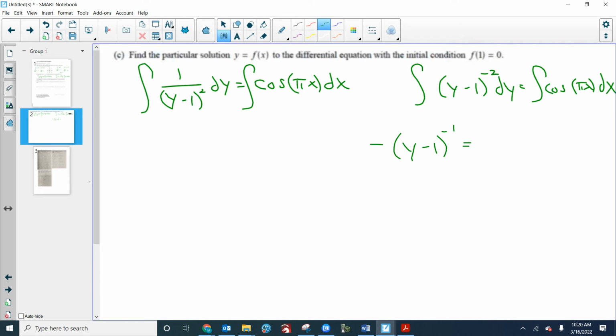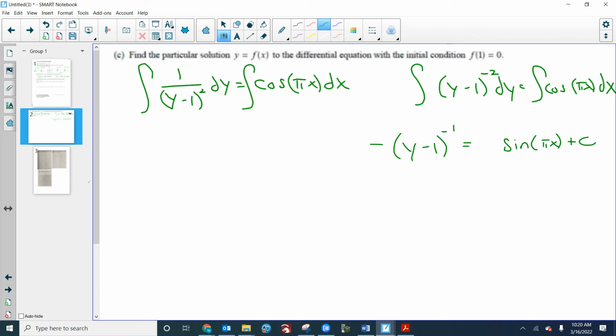All right. Do we know the antiderivative of cosine pi x, or would you need a u substitution here? What if you guessed sine pi x plus c? The derivative of this would be cosine pi x times pi.